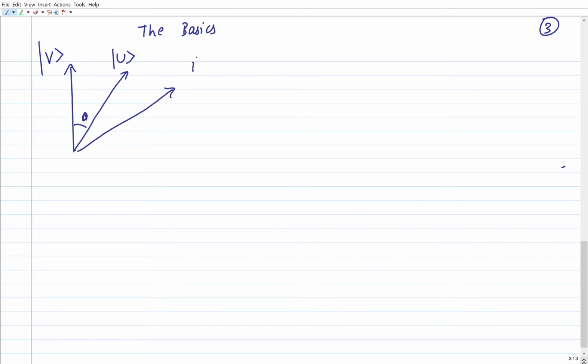So let's get down to the basics. What essentially is the quantum algorithm for it? Let's say I give you two vectors, a vector v and a vector u, and they have some angle between them. And I have another vector psi.